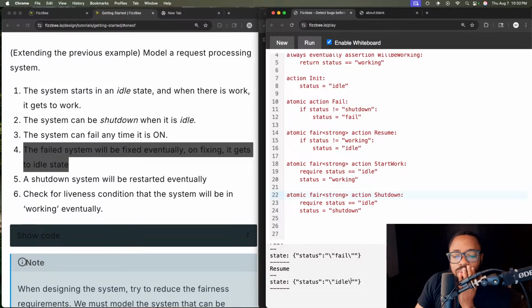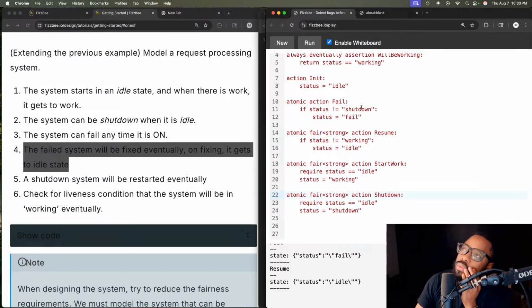Because this idle can go back to fail, which by the way doesn't make any sense. Oh well, actually no. Fail.